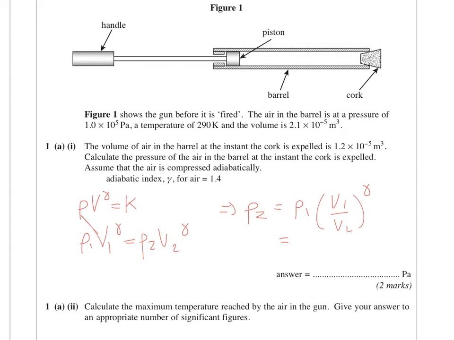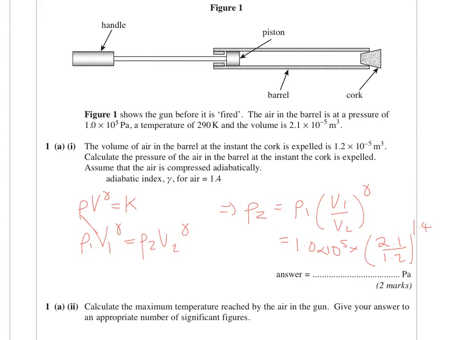So we've got P1, and you've got the initial volume is 2.1, the final volume is 1.2. We can get rid of the 10 to the minus 5 because it's a ratio, and that's the power of 1.4.